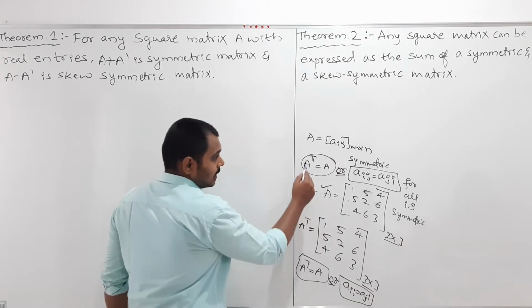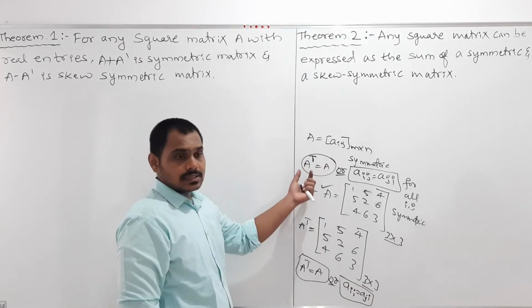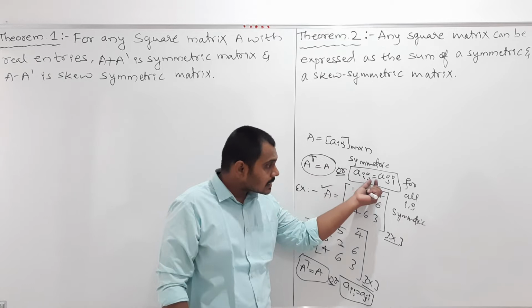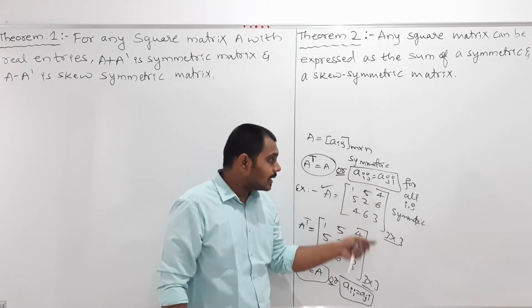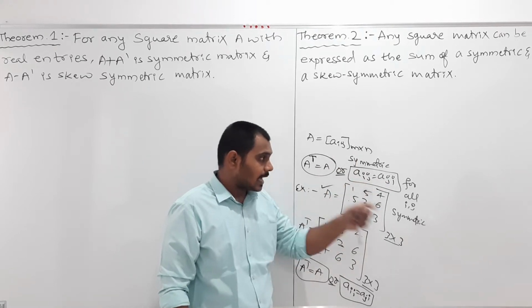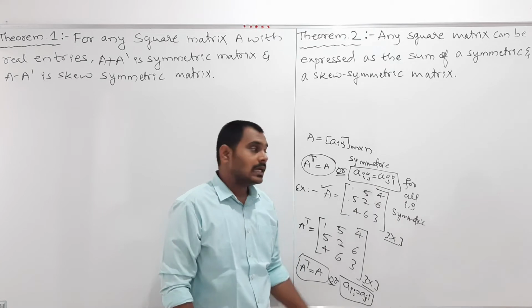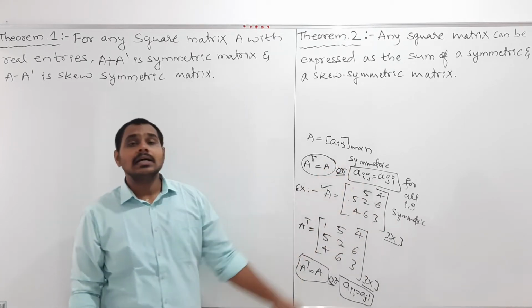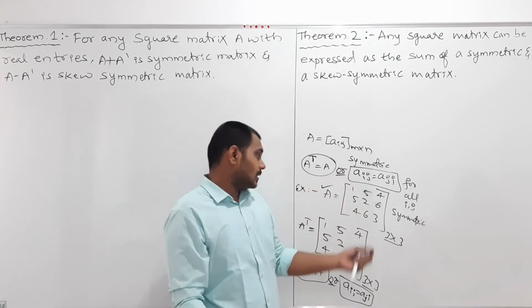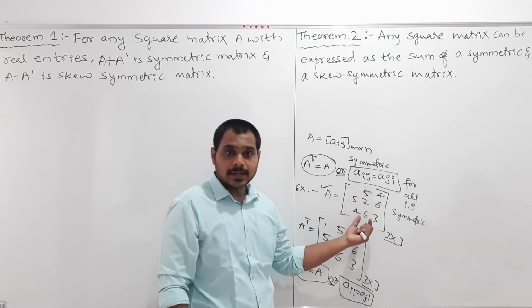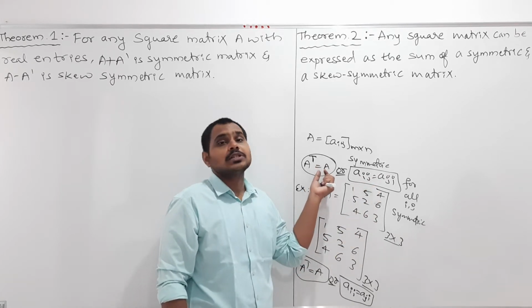Clear? So if A transpose equals A, this is also the same as Aij equals Aji. In a matrix, if Aij equals Aji for all i comma j, that matrix is also nothing but symmetric. This condition is also A transpose equals A itself.